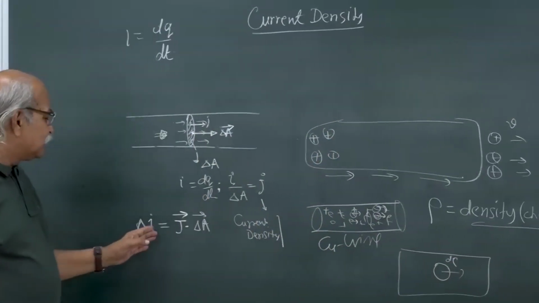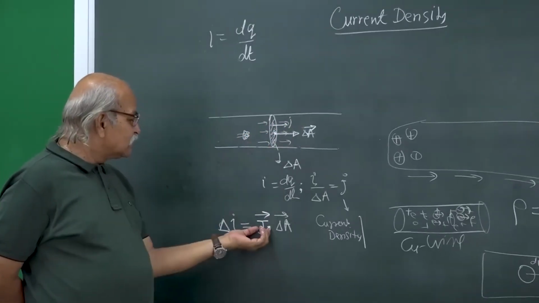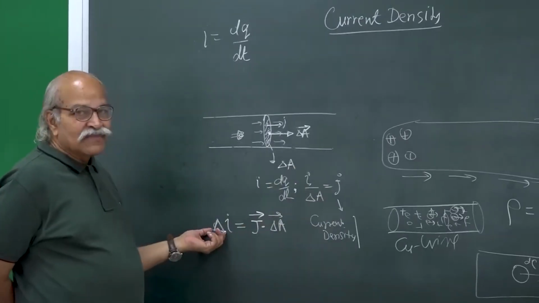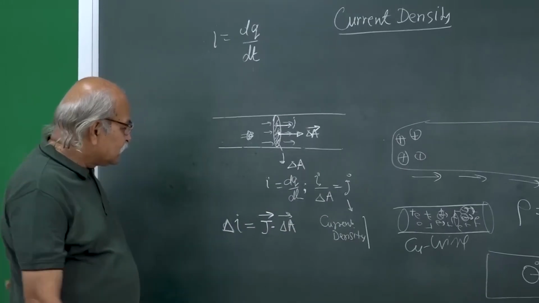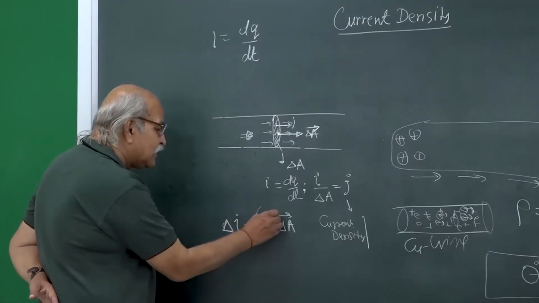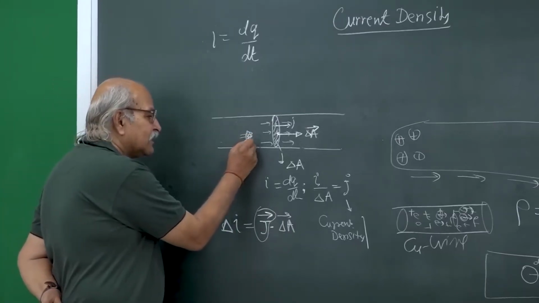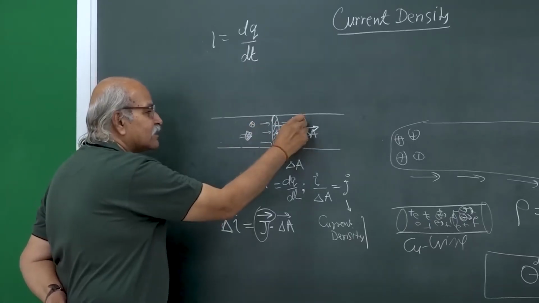So, that way you define this J, and then this J dot dA, magnitude of this into magnitude of this, J into dA, will be I. And writing it as this vector equation gives another benefit, because this J is now defined point by point. If you are here, construct the area here. If you are here, construct the area here.